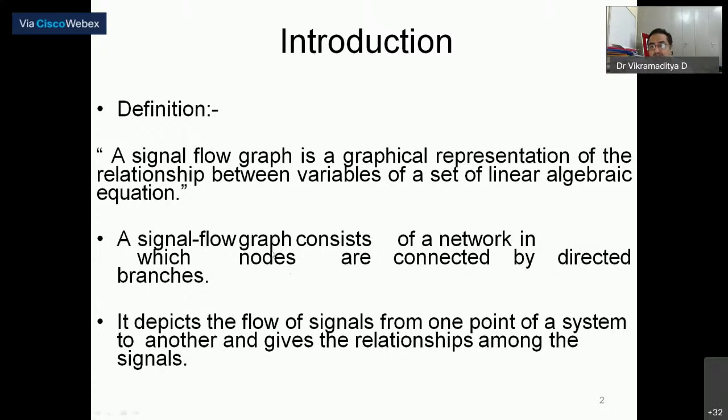Now, what does it consist of? A signal flow graph consists of a network in which nodes are connected by directed branches. So nodes are there. What are nodes? Nodes are simply some points, like this node, like this node.